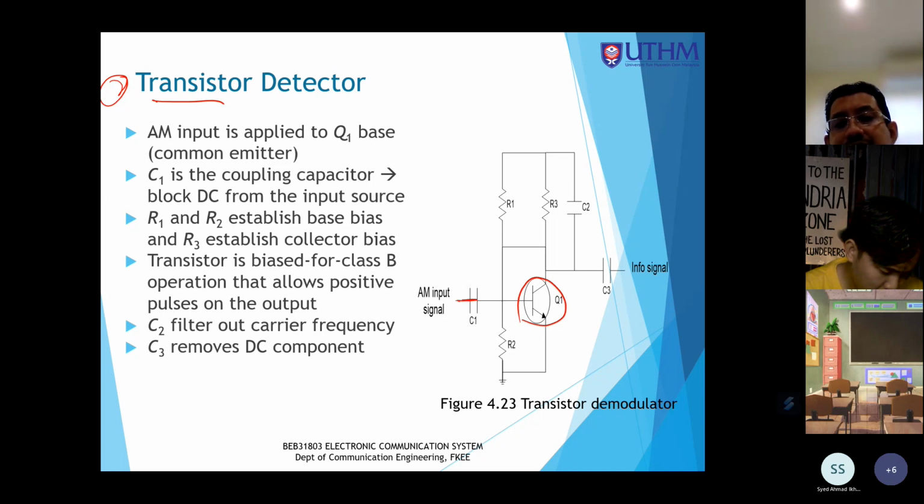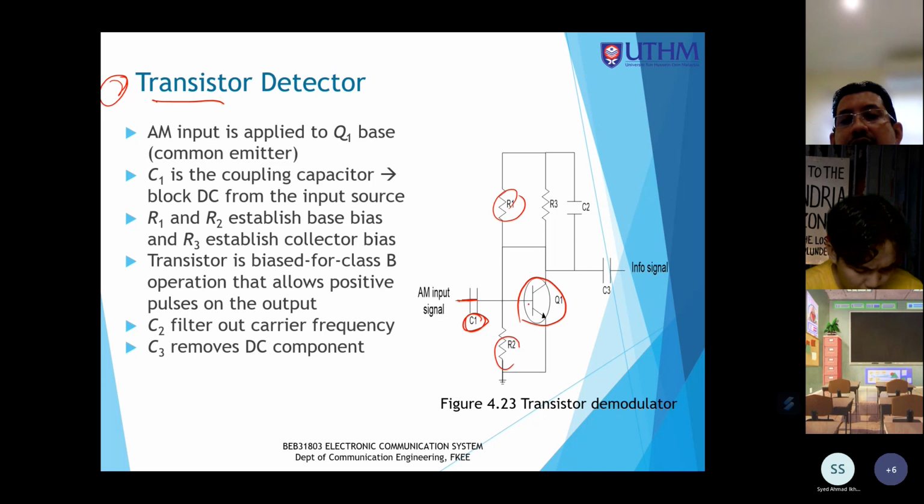So this is the input. So we have the capacitor C1. So capacitor C1 will remove the DC voltage. So the AM signal will be centered at the x-axis. Okay, so kita ada R1 and R2, which will control the voltage. R1 and R2 akan control voltage pada input itu.